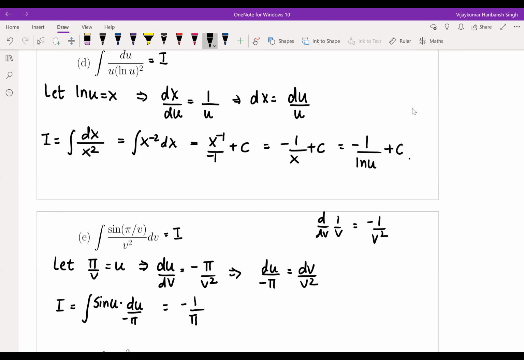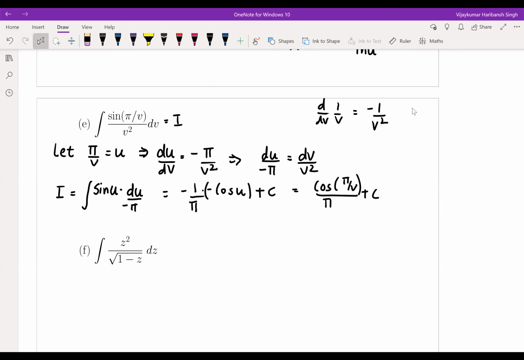Now the integral of sine u is minus cosine u plus c. So this minus and the minus will cancel each other. So you will have cos of u divided by pi plus c. But instead of u, we can put back what u was. It is pi over v. Okay, so this is how this works.